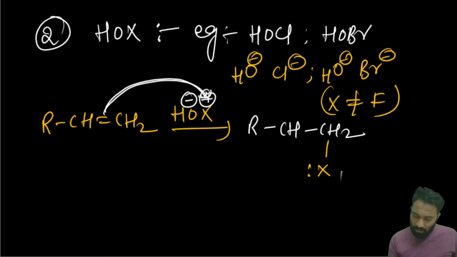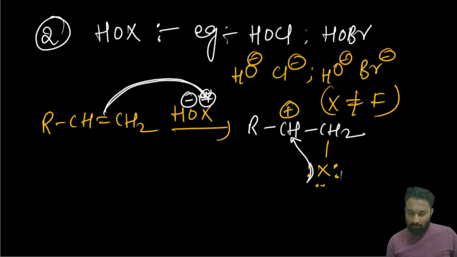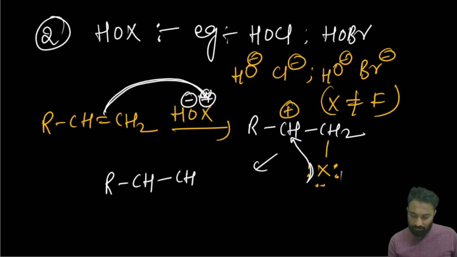Clear? We know halogens have lone pairs of electrons. Now this carbon will get the deficiency. When this carbon gets the deficiency, this lone pair of electrons will again form a bond with this carbocation. After forming the bond with the carbocation, what happens next? Clear? Done.